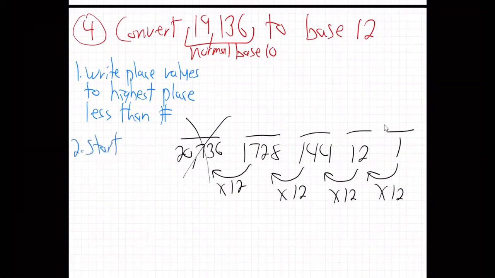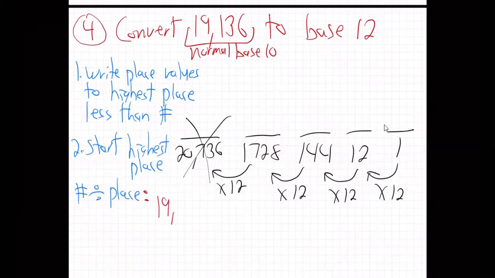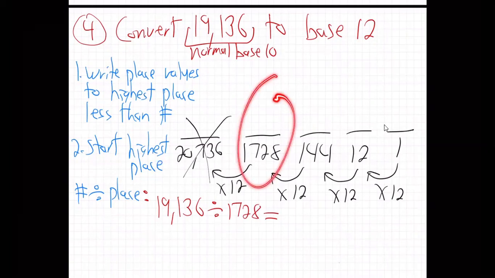So start at the highest place, and you divide the number by that place. So what's it going to be? Our number, 19,136, divided by the place, 1,728, right? I'm doing the highest place that I can work with.